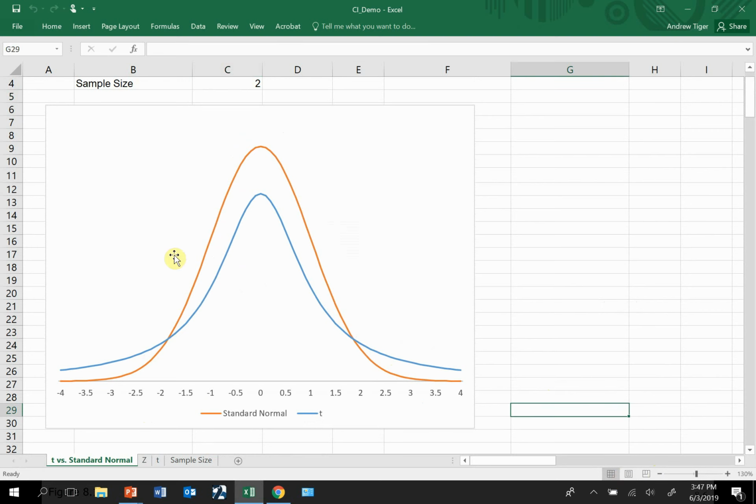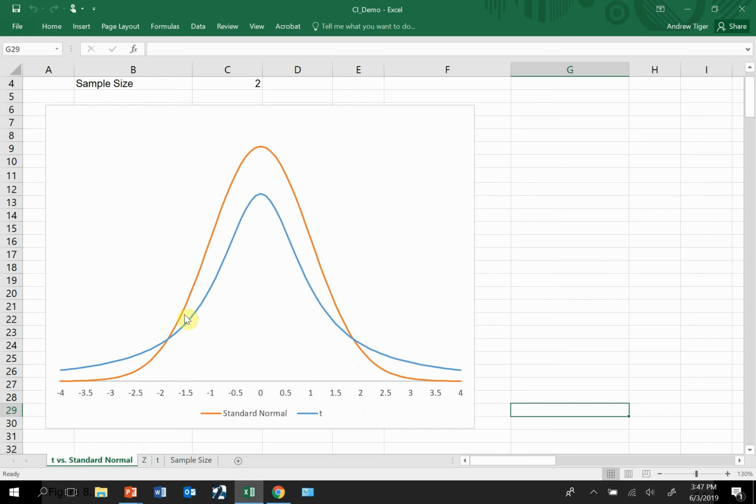The orange is the standard normal, and you can see it's centered at 0, and if you go out plus or minus 3 standard deviations, the area between is 99.73%, and between plus or minus 2 standard deviations is 95.45%, plus or minus 1 is 68%.